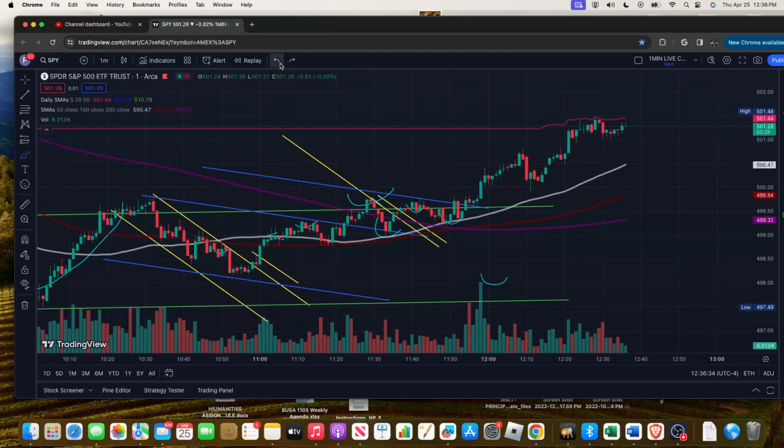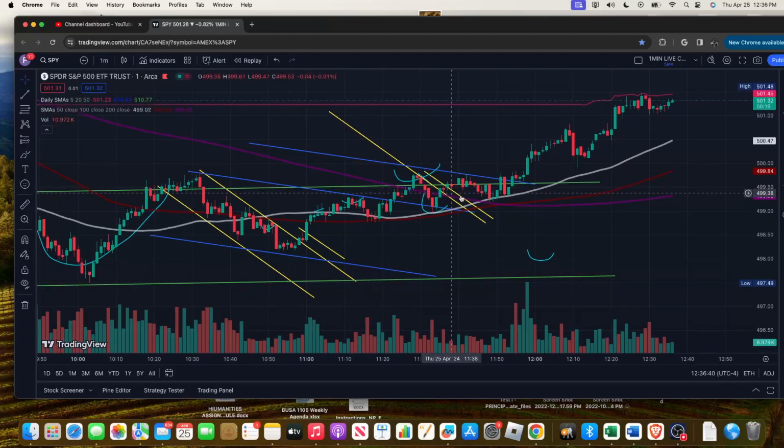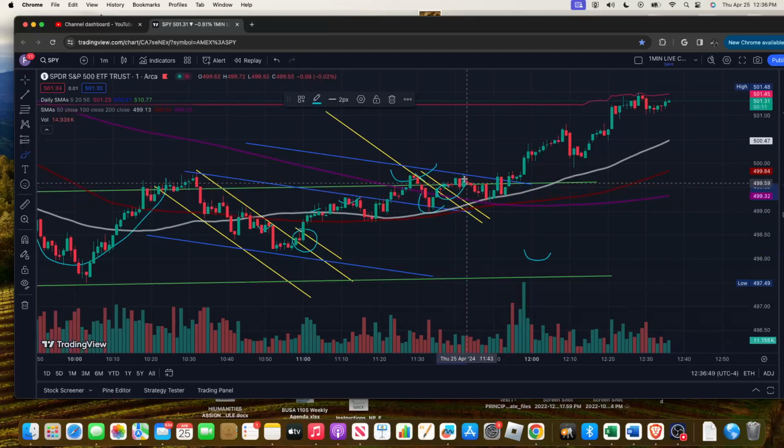And that's pretty much the trades you can take for today, from the AM to the PM session basically. So one would be right here, one would be right here, one is right here as well, because you saw that microstructure right there, right?